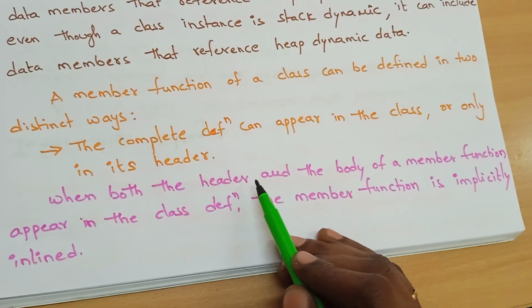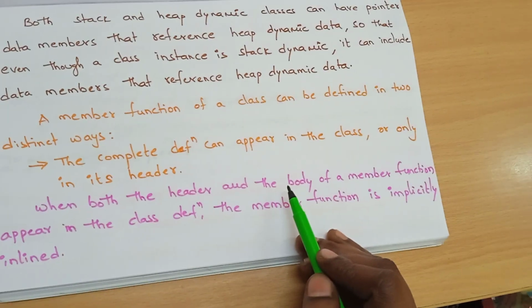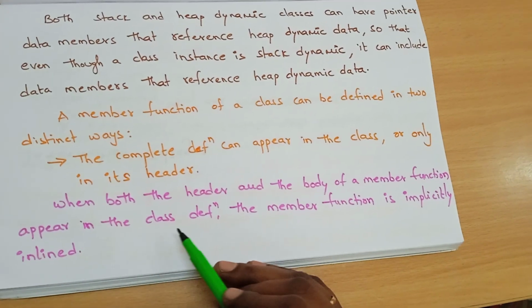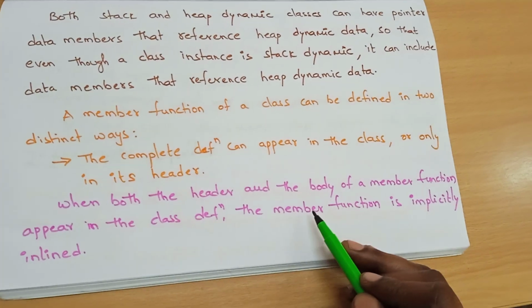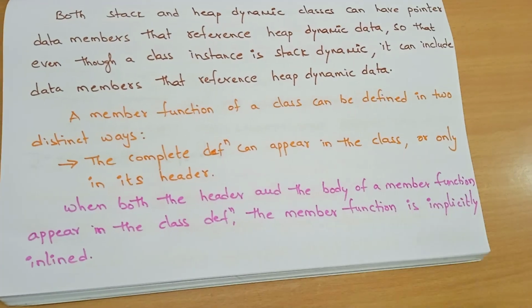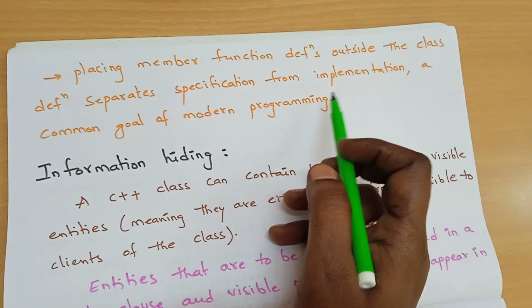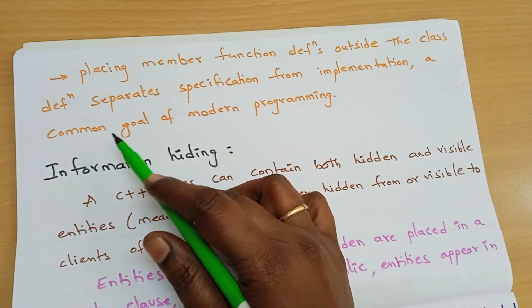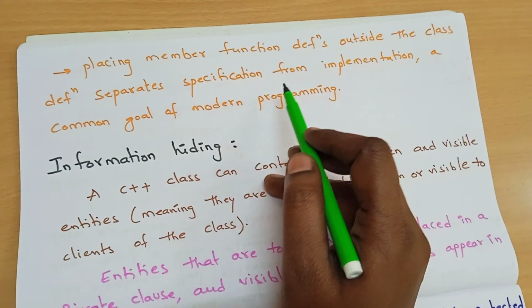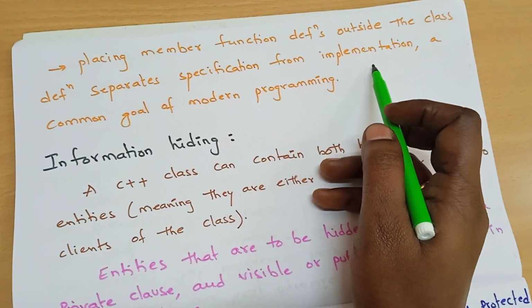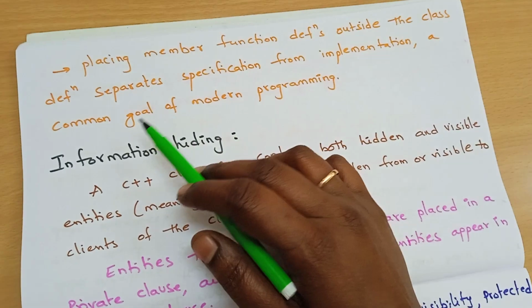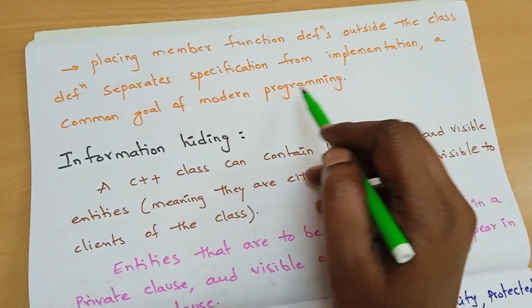When both the header and the body of a member function appear in the class definition, the member function is implicitly inlined. Placing the member function definition outside the class definition separates specification from implementation, and this is a common goal of modern programming.